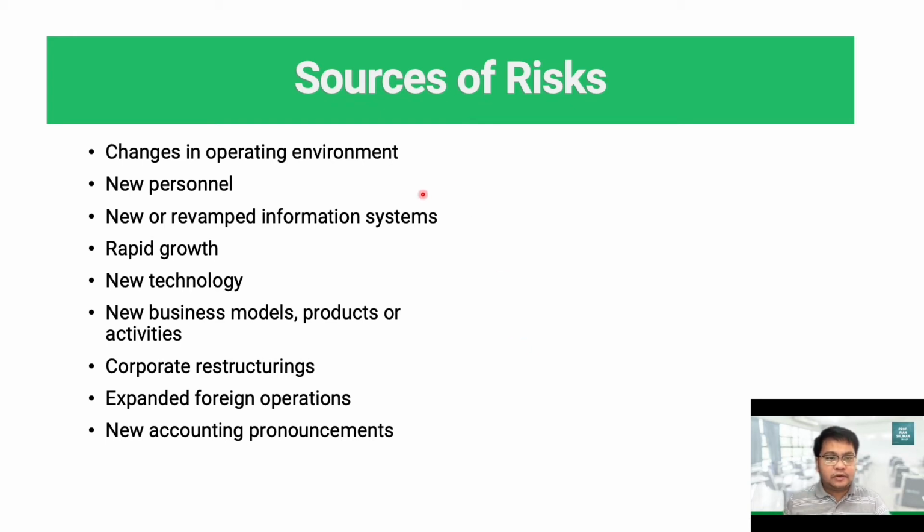Examples include changes in the operating environment, new personnel, new or revamped information systems, rapid growth, new technology, new business models, products, or activities, corporate restructurings, expanded foreign operations, and new accounting pronouncements. If any of these or some of these are present in our client's operations when we audit them, we have to consider whether the client appropriately addressed them. Otherwise, it would contribute to our assessing their control risk at a higher level.